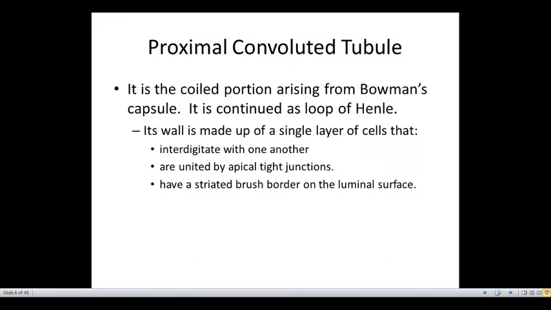Proximal convoluted tubule. It is the coiled portion arising from Bowman's capsule. It is continued as loop of Henle. Its wall is made up of a single layer of cells that interdigitate with one another, are united by apical tight junctions, and have a striated brush border on the luminal surface.